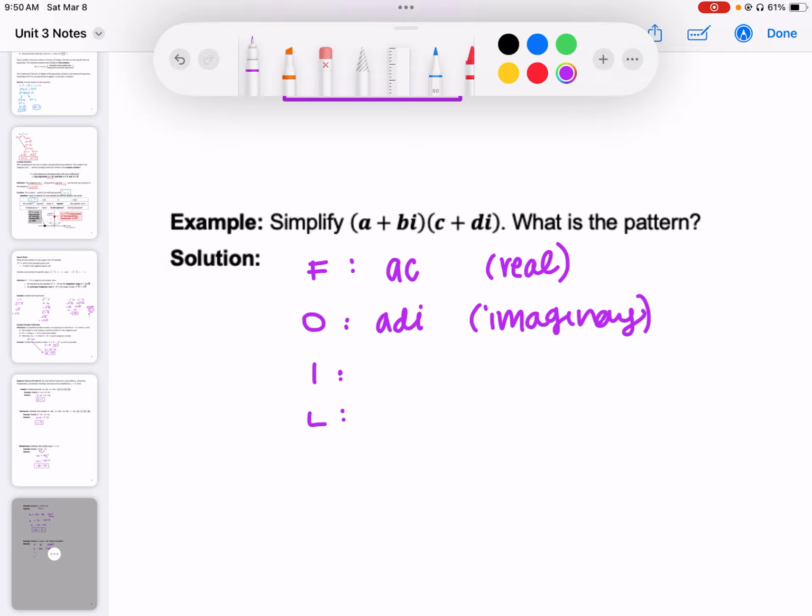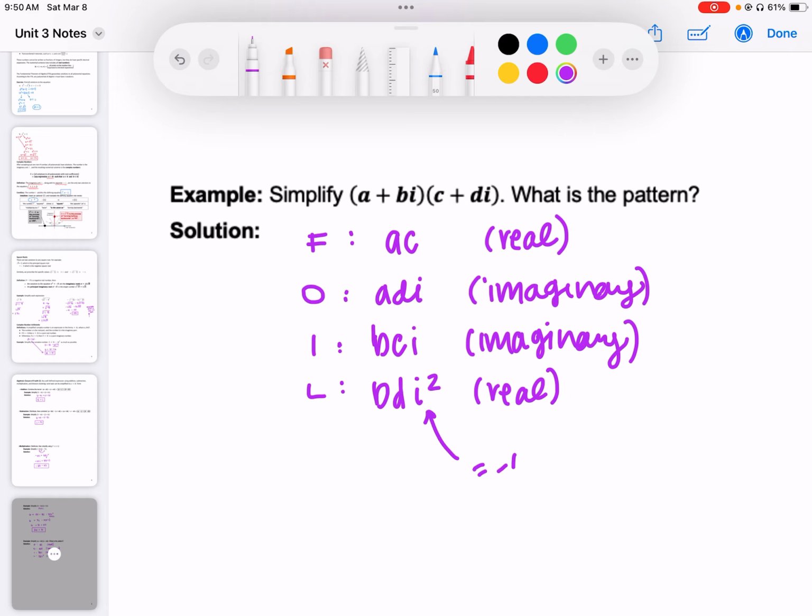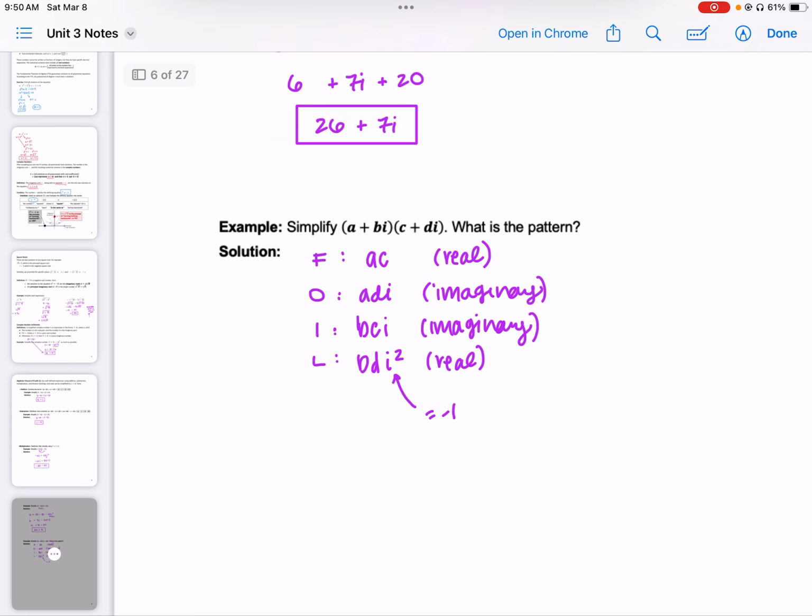And then we're going to have BCi, which is also imaginary. And then we're going to have BDi squared, which will end up being real because i squared is equal to negative 1. Okay, so that's going to be your pattern. Just like you would FOIL any sort of quadratic that's in factored form, it's the same general idea.